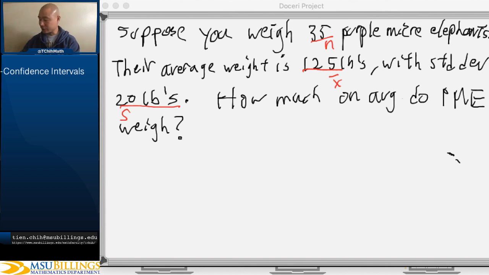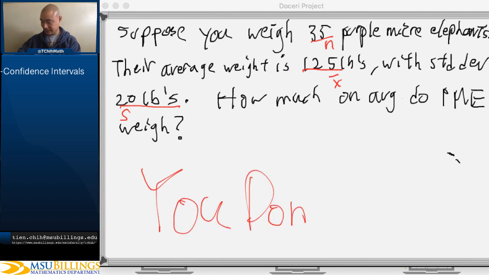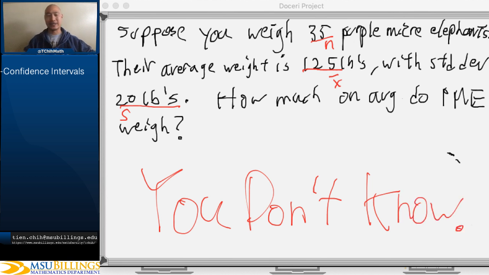And the answer to this question, maybe it's not entirely obvious, but it's very important to realize that there's no way that we can actually answer this question. Unless these 35 purple microelephants are literally all of the purple microelephants in the world, there's no way that by taking some subset of them you can determine exactly how much all of them weigh. That's impossible.